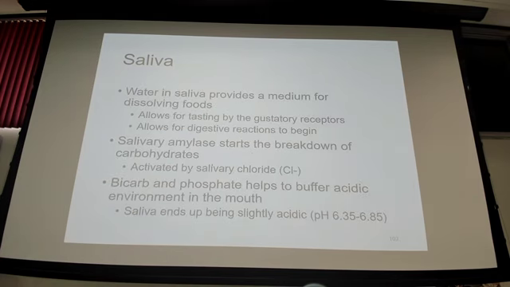And let's see. The other thing for saliva is that it does begin allowing the gustatory receptors, or the taste buds, if you will, to start to open up and appreciate the chemicals that are in the food. Okay? Salivary amylase begins the digestion of starch, and then saliva is slightly acidic.